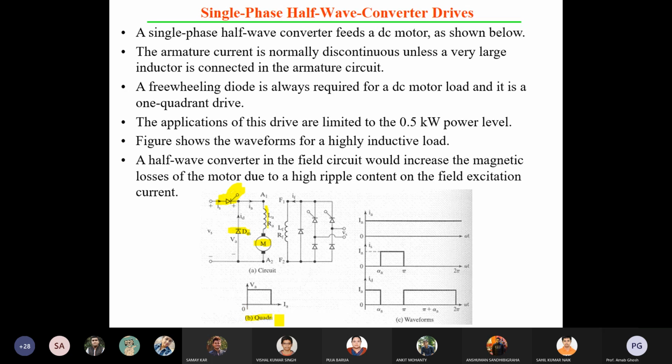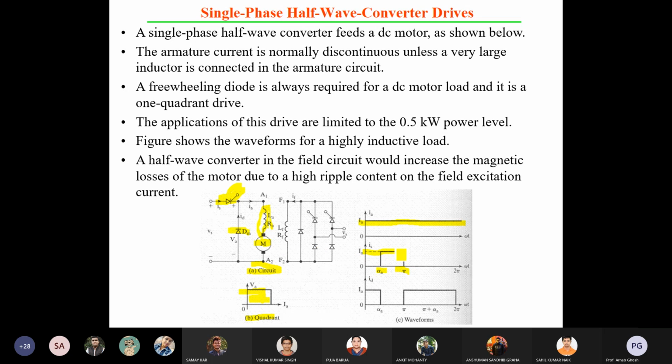You can see the circuit is there, the voltage is positive, the current is also positive. So it is a first quadrant operation. As there is an inductor, a huge value of inductor, the armature current is almost a straight line. For the firing angle you can vary alpha up to pi maximum. Okay, maximum up to pi you can control the firing angle.